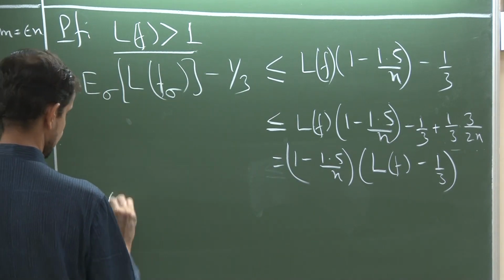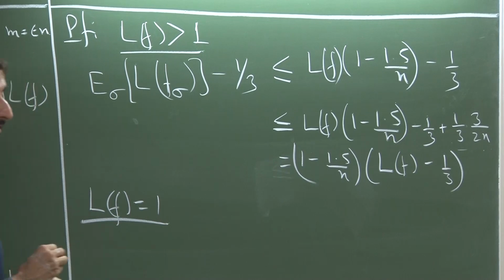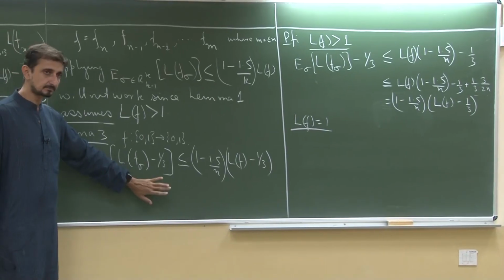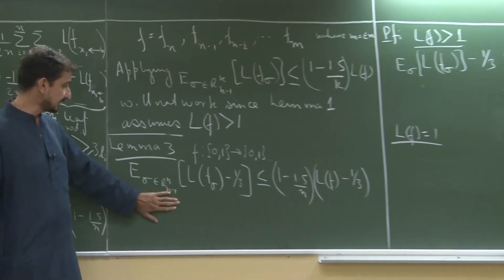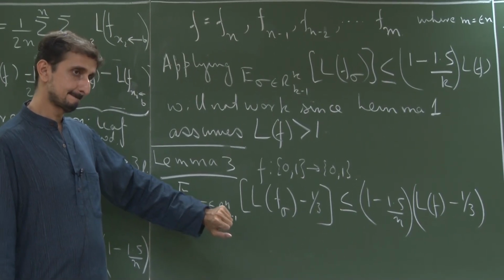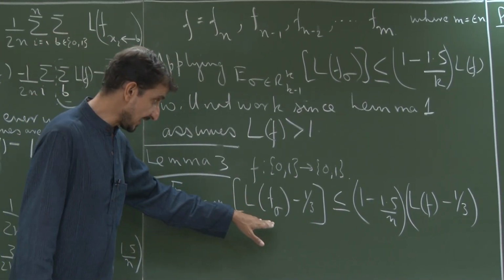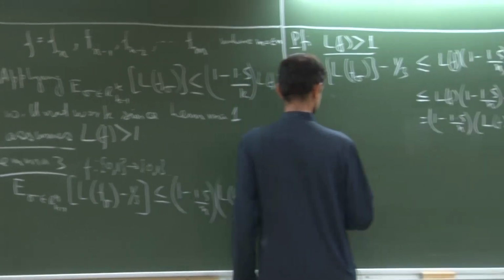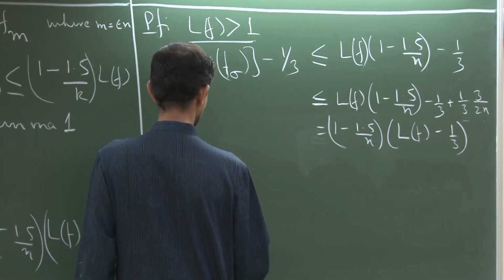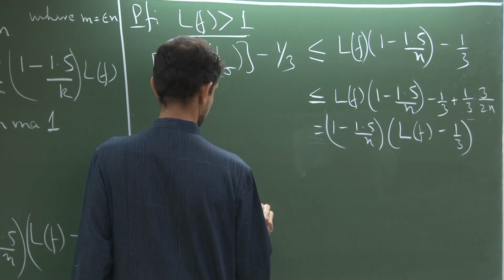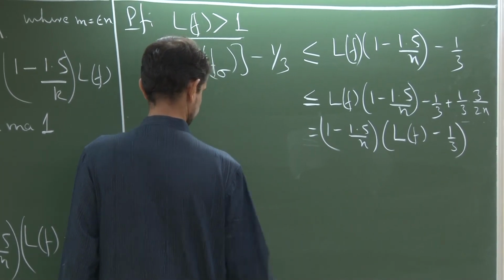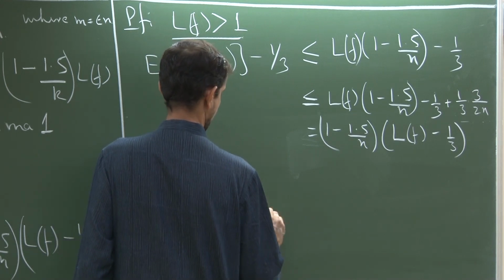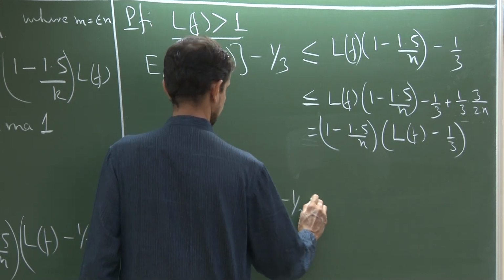Now, what happens if L of f equals 1? If L of f equals 1, let us look at both the left hand side and the right hand side of this expression. So, what does the left hand side evaluate to? I can once again write this as the expected value of L of f restricted, minus 1/3.